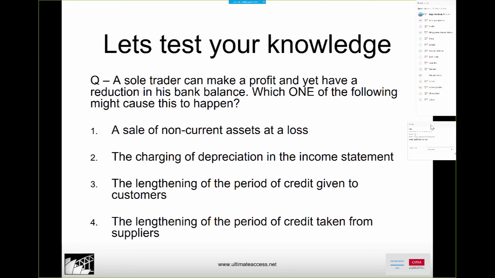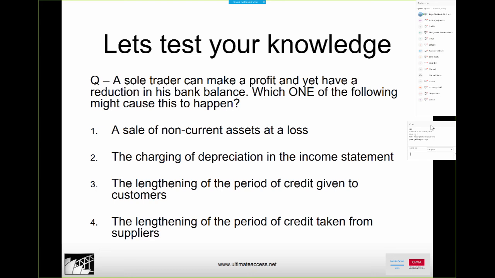The loss is reflected in your, where will it get reflected? In your profit and loss account. The loss will get reflected there. However, I'm going to get money for this. Are we clear on that?